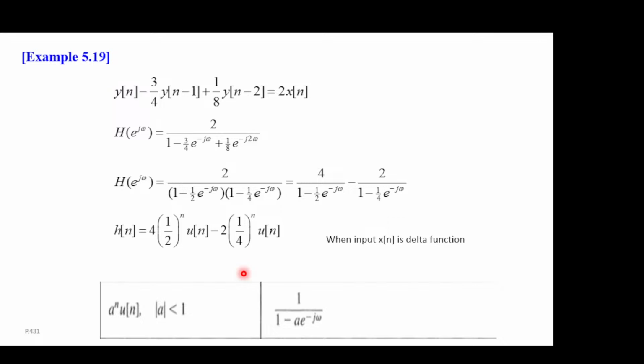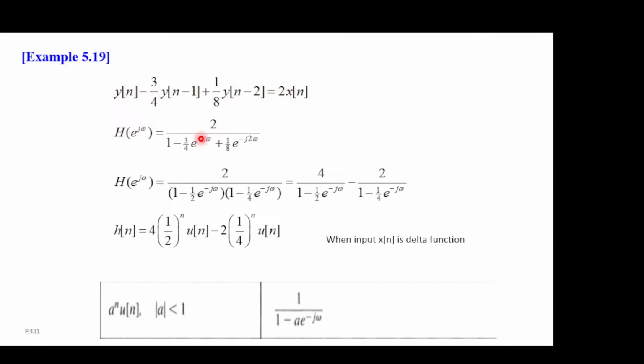And as an example, we have this difference equation, and assuming initial rest, it's LTI: y of n minus 3 over 4 y of n minus 1 plus 1 over 8 y of n minus 2 equals 2x of n. And then big H you can basically just read from the coefficients here, right?